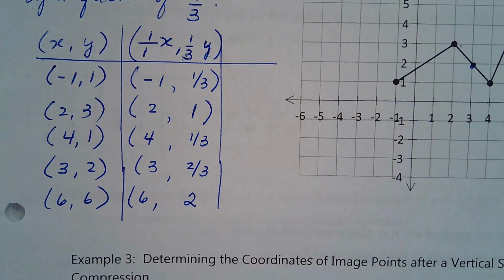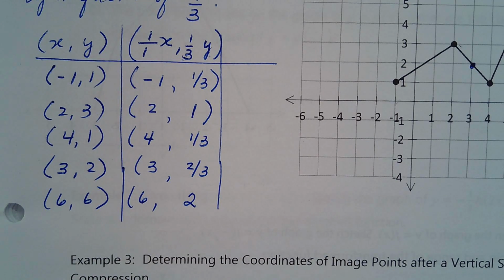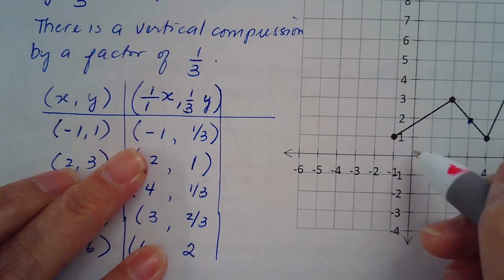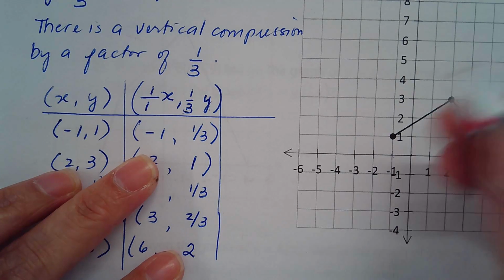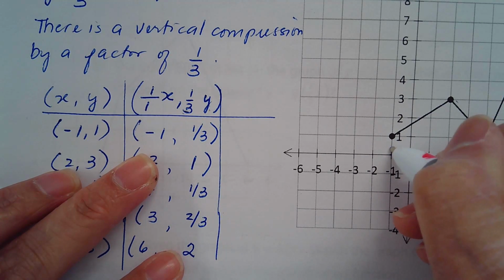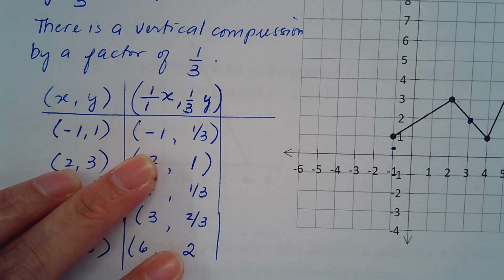Okay, remember this is going to start getting compressed vertically, so it should be compressed. So let's go ahead and graph it. So -1, where would that be? -1, 1/3 would be like right there, right? Okay.